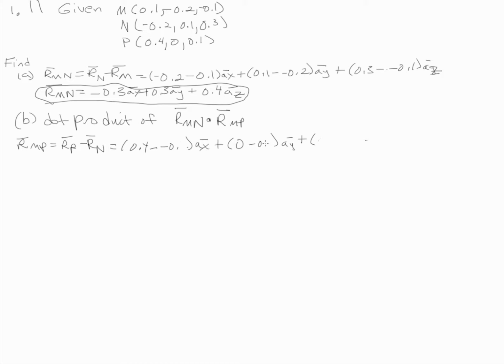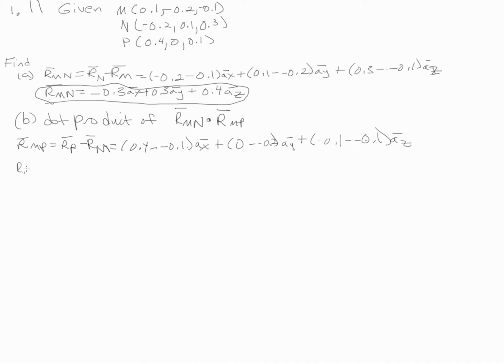I wrote the wrong thing and I was looking at the wrong thing. So this is R_M, R_P minus R_M, sorry. Didn't even look at what I wrote there before. So that's 0.4 minus 0.1, 0 minus a minus 0.2, and then 0.1 minus a minus 0.1 Az.